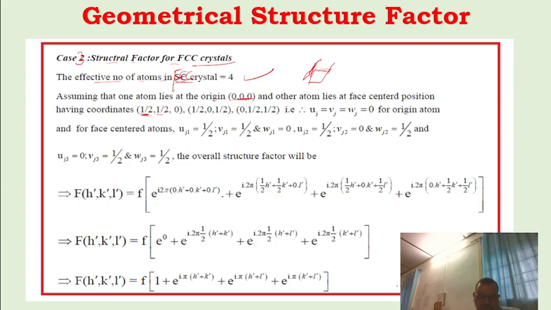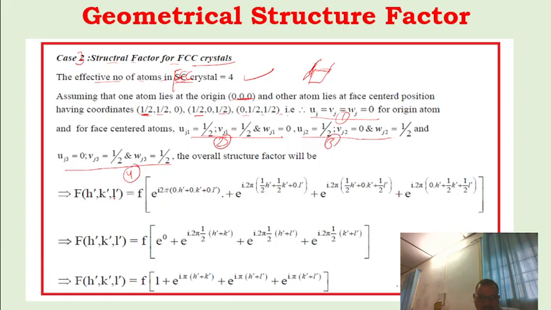So this is half half 0, and so on. So we have the first atom coordinates like this, the second atom coordinates like this, the third atom coordinates like this, and this is the fourth atom.